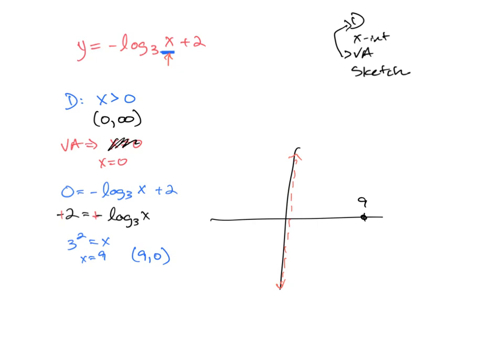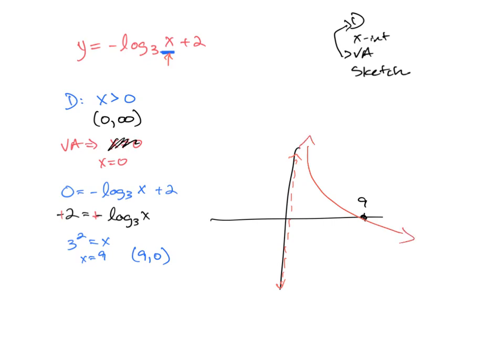It flipped it over what? It changed its y, so it flipped it over the x. A normal logarithm goes this way. Remember? So if we flip it over the x, which way does it go? It goes this way.